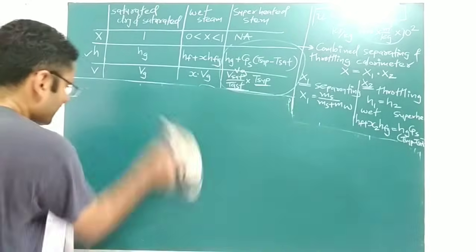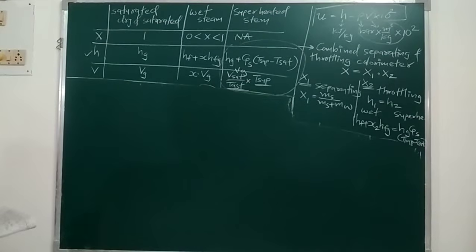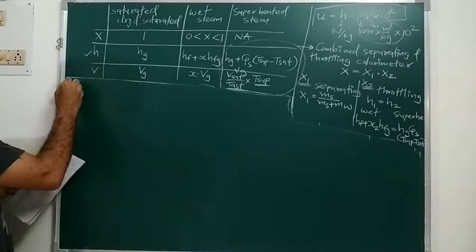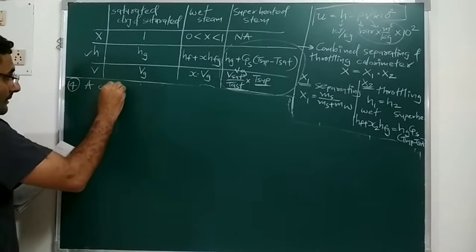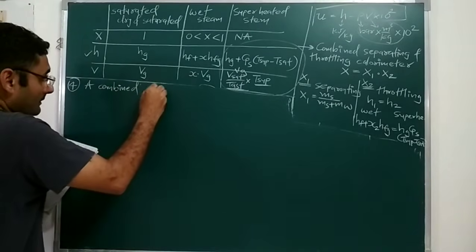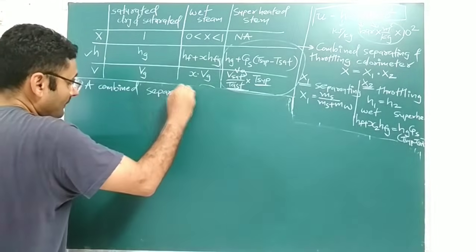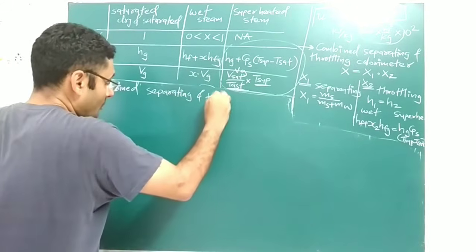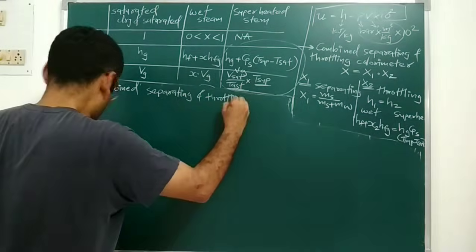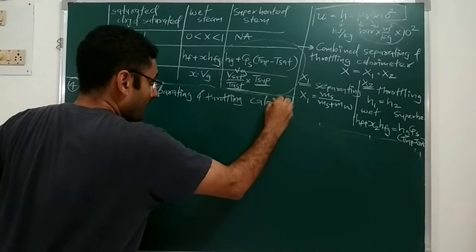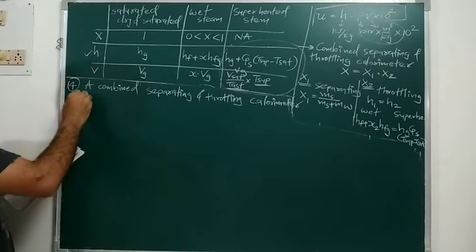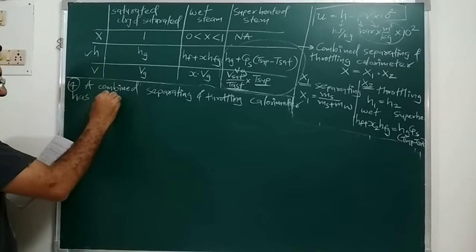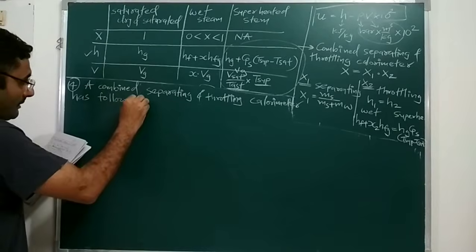Now we'll take one numerical based on the combined calorimeter. So the numerical will be like this. Numerical number 4. A combined separating and throttling calorimeter has the following data.